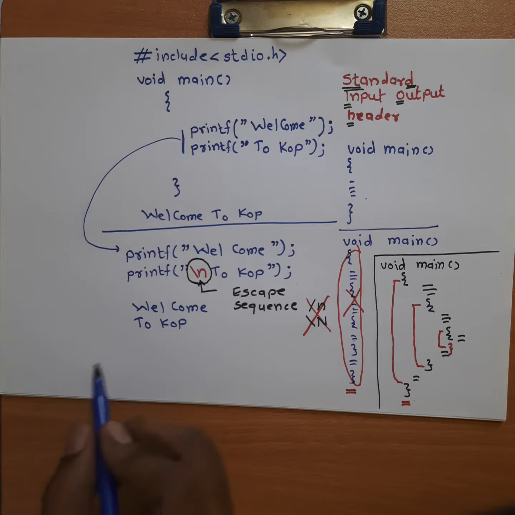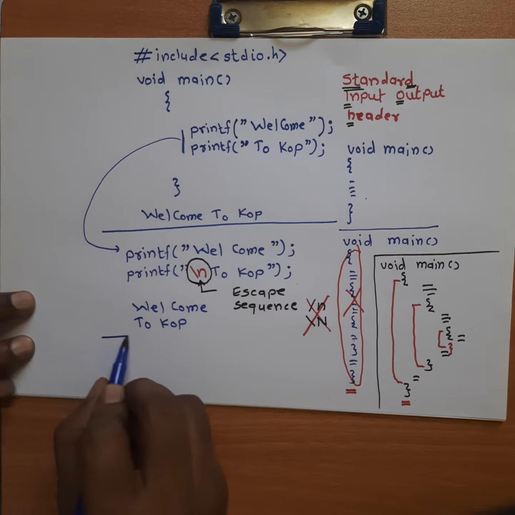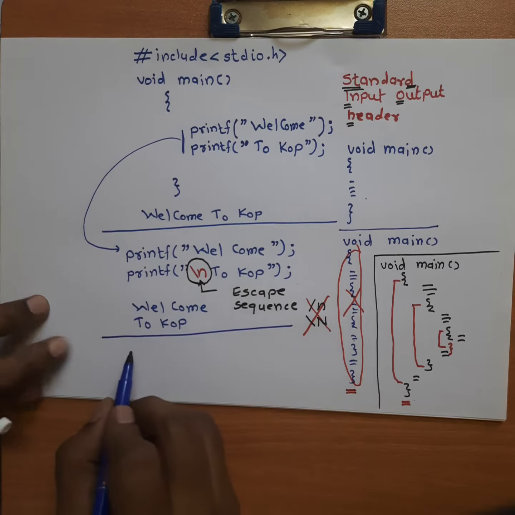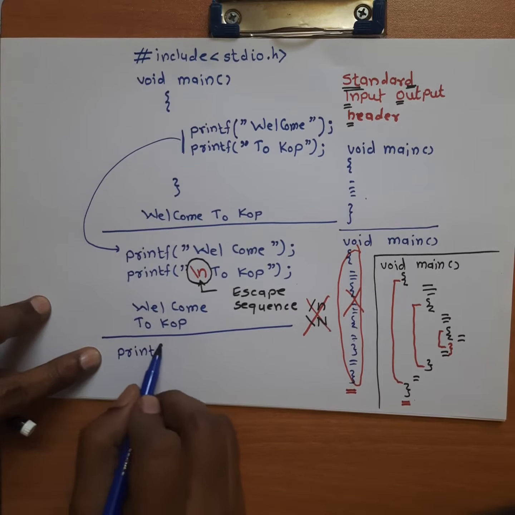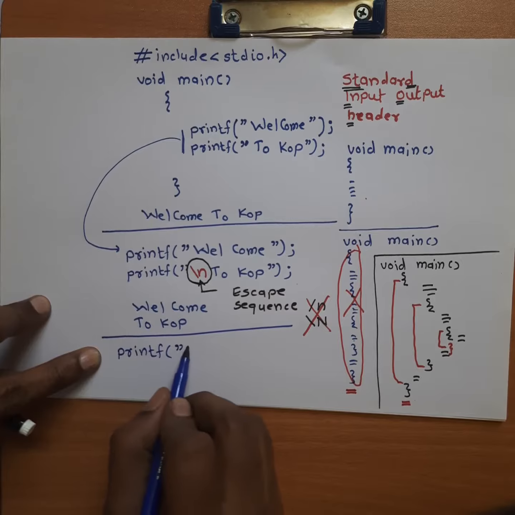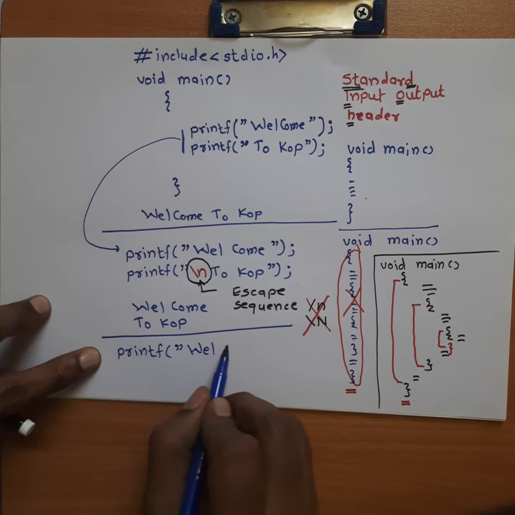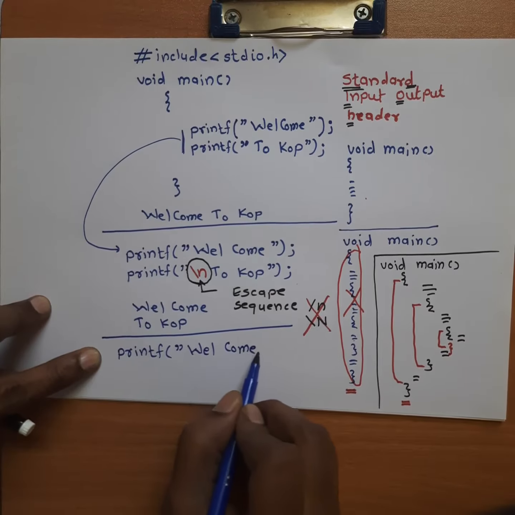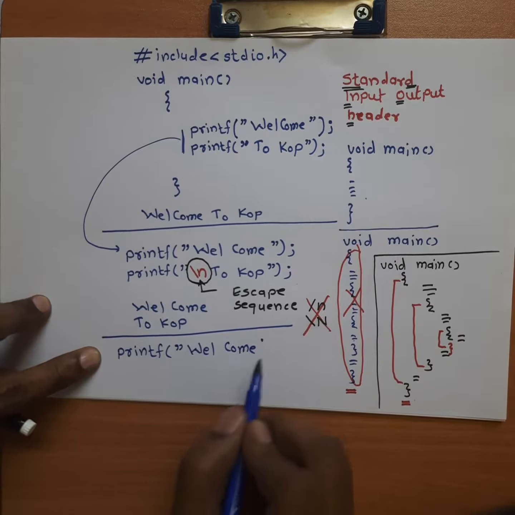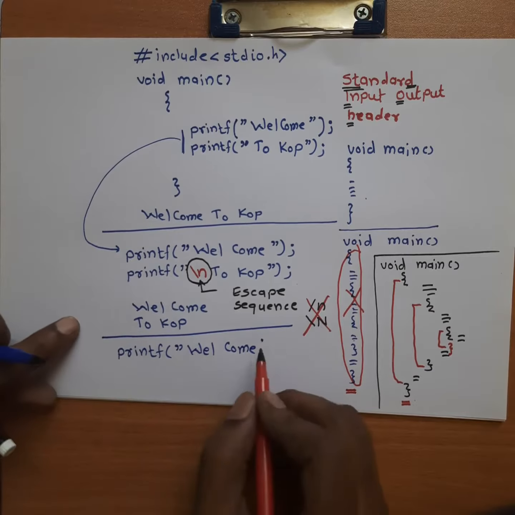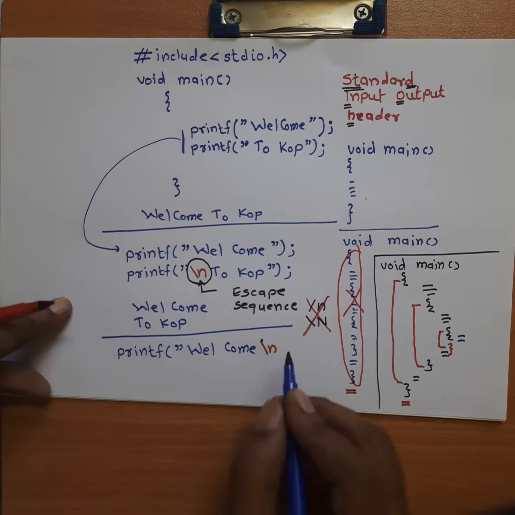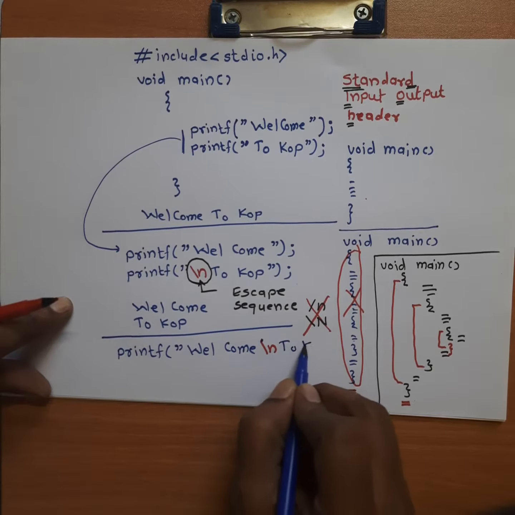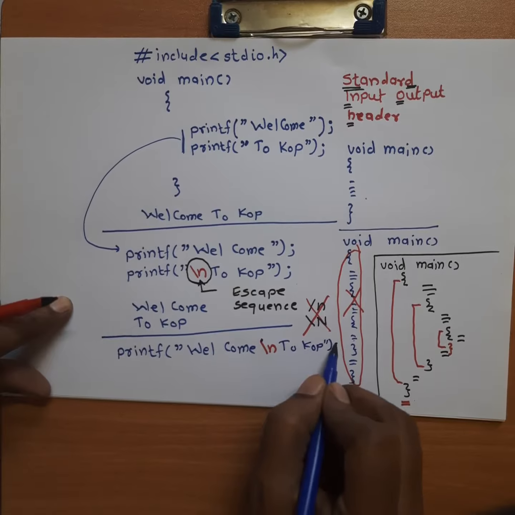Now, instead of writing two different statements, we can write it as a single statement also. Welcome slash n to KOP.